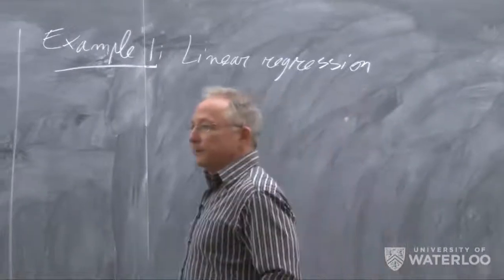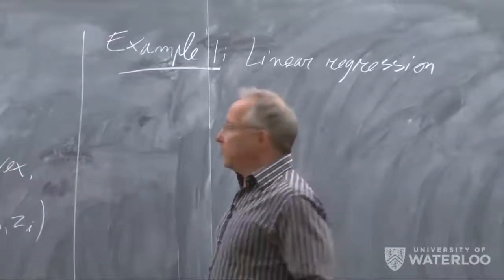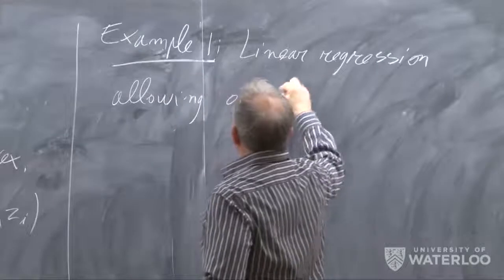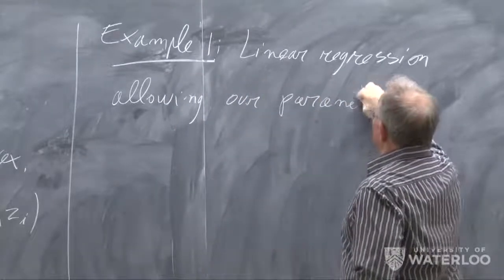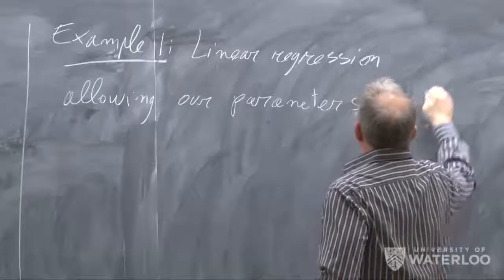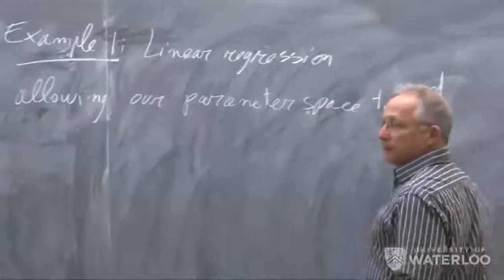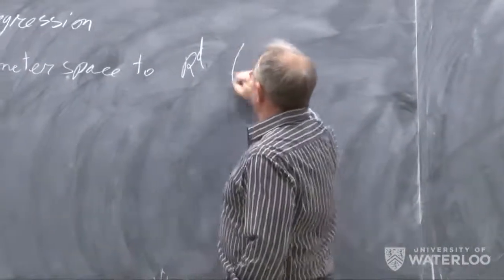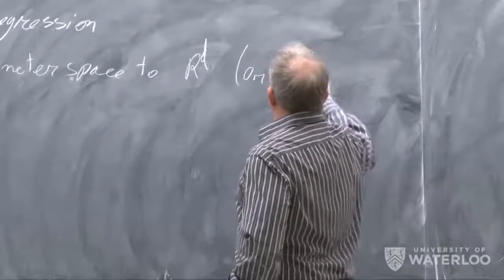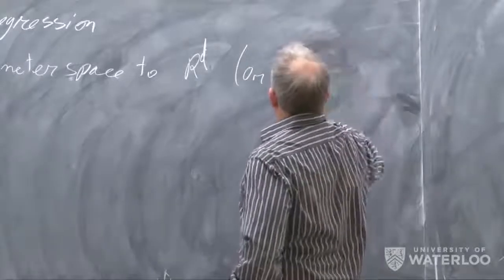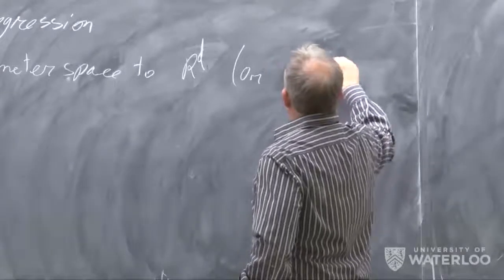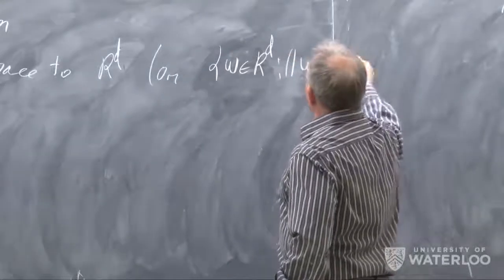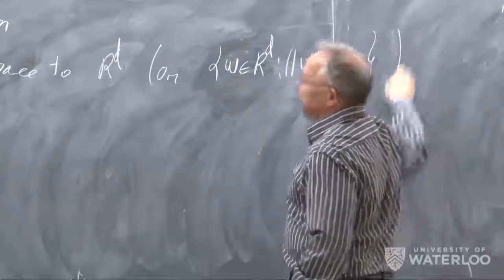If we allow linear regression, allowing our parameter space to be RD, that is, I allow all vectors, or the ball over the set of all W in RD such that the norm of W is at most 1. This is also common.